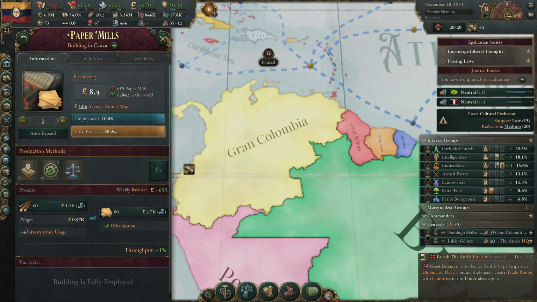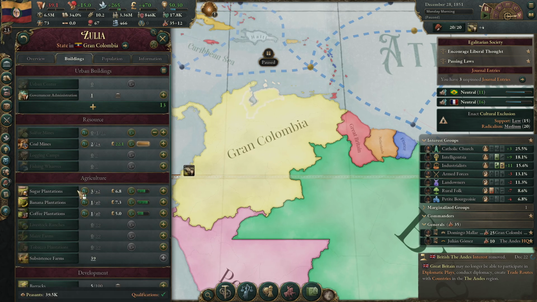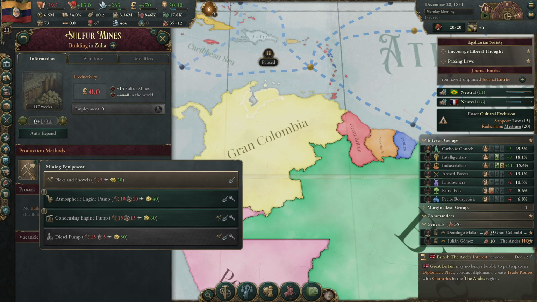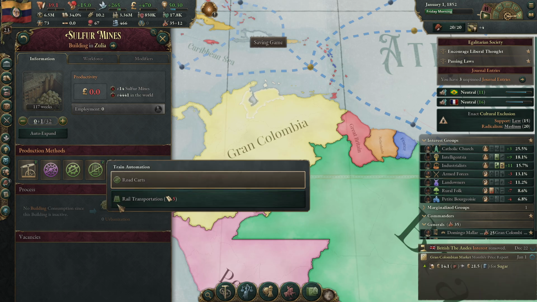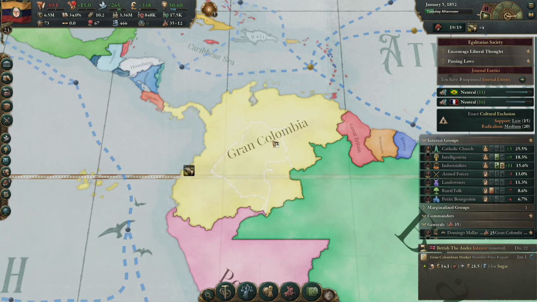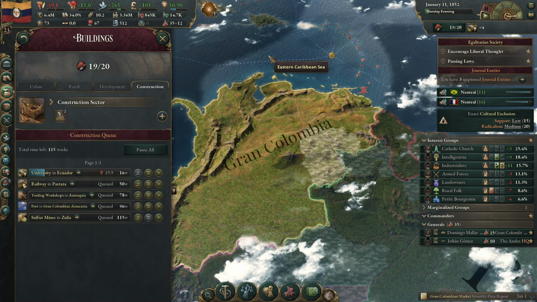Build a sulfur mine in Zulia. Is it here? And then if I do this, we make 60. So we make more than enough if I go to this production method. And let's put rail transportation on. Let's put it in the queue.